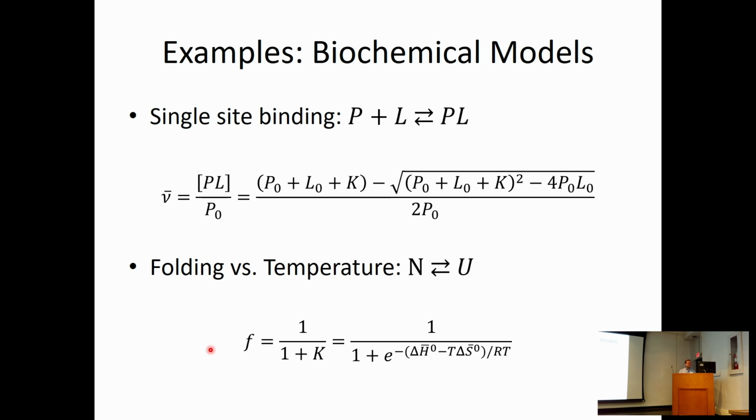So this can tell you the fraction of folded protein, which I represent here as F. That's our experimental observable, and it can be related to the enthalpy of unfolding and the entropy of unfolding. Those would be my parameters, and the fraction folded would be my observable.